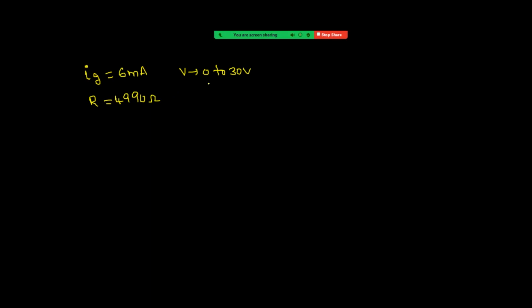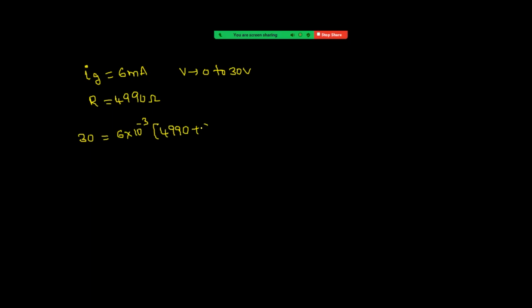So from this given data, I can write 30 equal to V equal to I into R, I value 6 milli, 6 milli into R plus G, R value 4990.